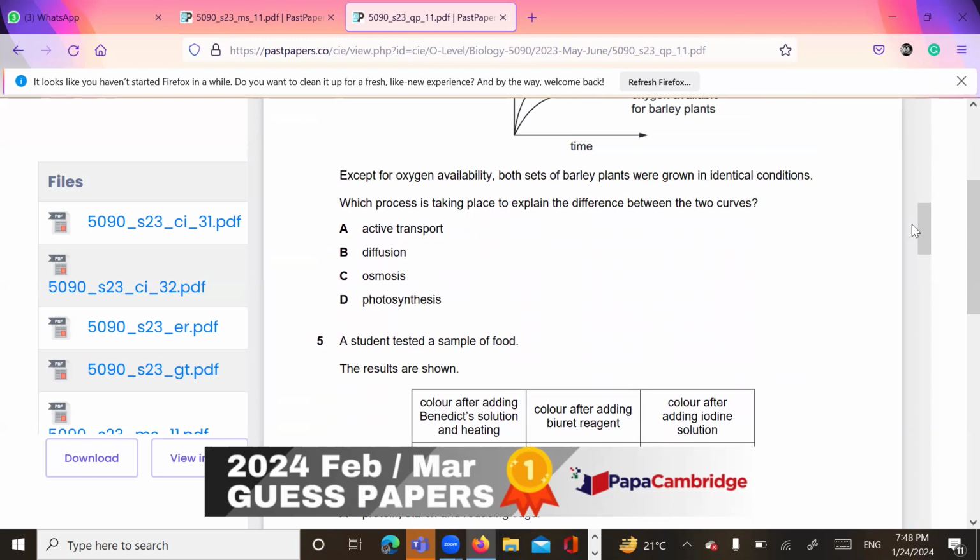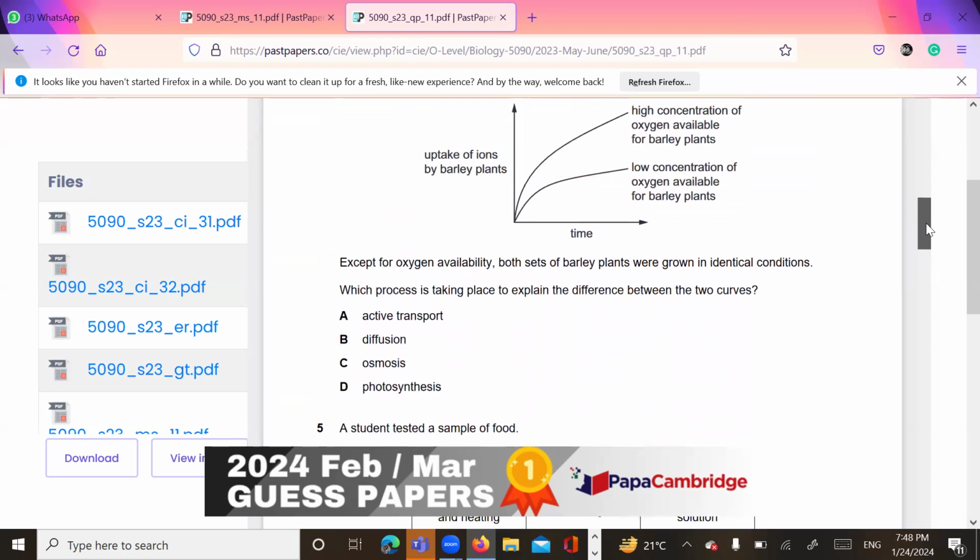In plants, they're asking about the concentration and uptake of ions, so I would say that it depends on photosynthesis, D. Let's check our answer for better understanding.